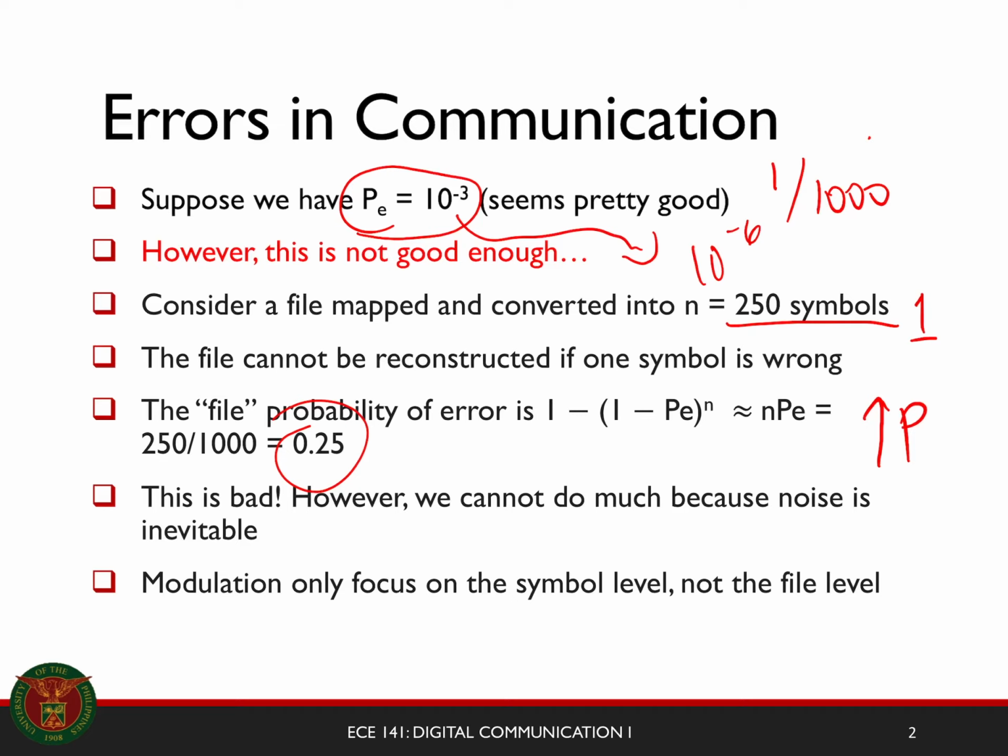If you transmit at high power, your wires could be overloaded and break easily. So let's look at the file level. Maybe there's something we can do to detect the errors or correct them.